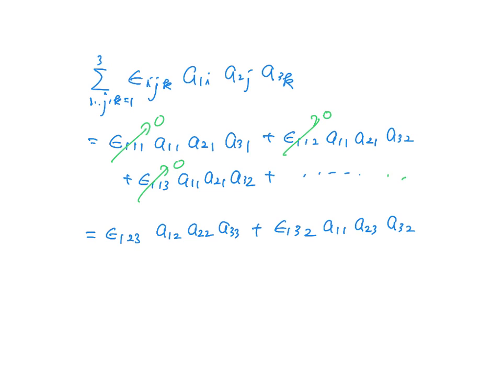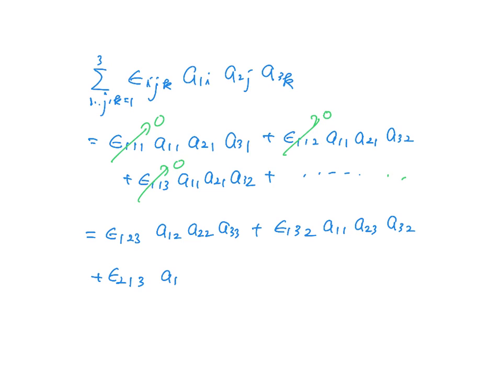Second term, when i is 2, jk can be either 1 or 3, otherwise it's all 0. So out of 27 terms, we know that 21 are all 0 when i and j are the same, or i and k are the same. So we don't have to write down all 27 terms, but only the non-zero terms. So when i is 2, j can be 1, k can be 3.